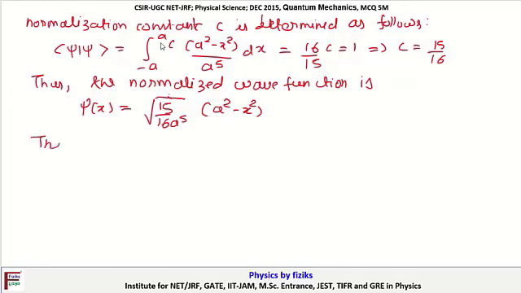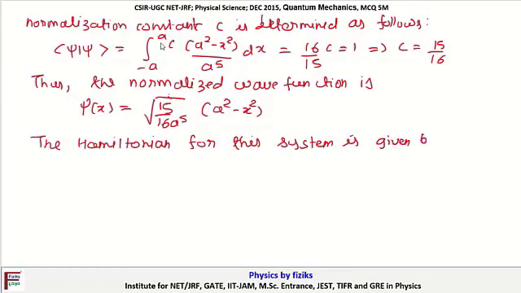The Hamiltonian for the system is given by H is equal to minus h cross square by twice m del square by del x square plus g mod x.